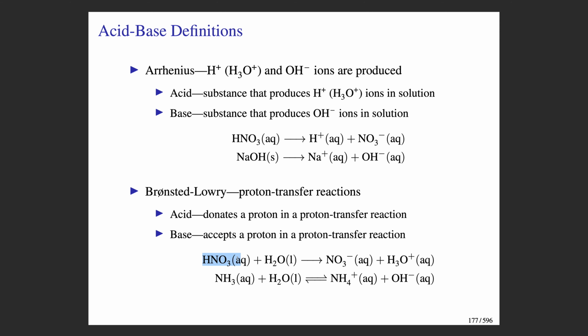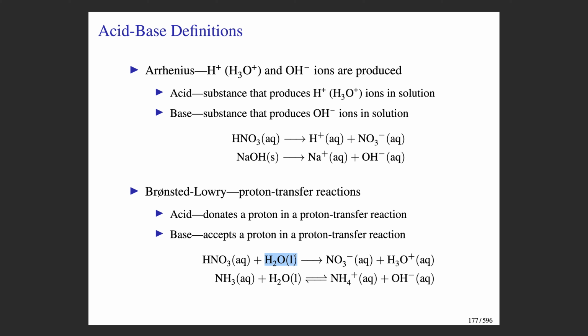Going back to the nitric acid, this time I've included an explicit water. And the idea here is that when the nitric acid reacts with the water, it donates a proton to the water, which forms the hydronium. And that leaves behind the nitrate. So the nitric acid is the acid because it donates the proton.